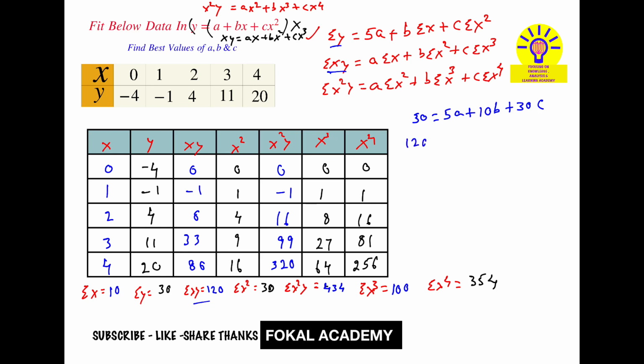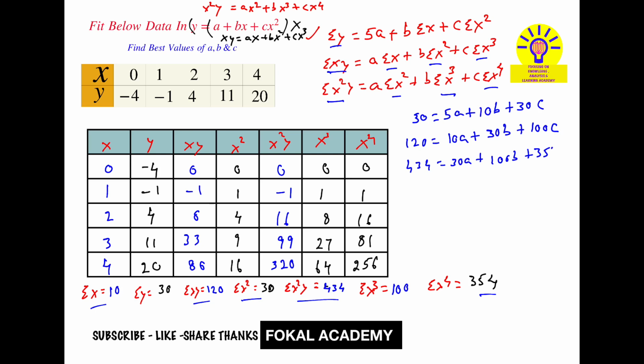So 120 equal to summation of x is 10, 10a plus summation of x square is 30, so 30b, next summation of x cube is 100, 100c. Now substitute here summation of x square y, that is 434. So 434 equal to here 30a plus here 100b plus here 354c.